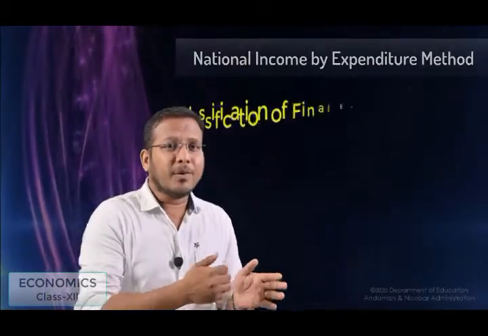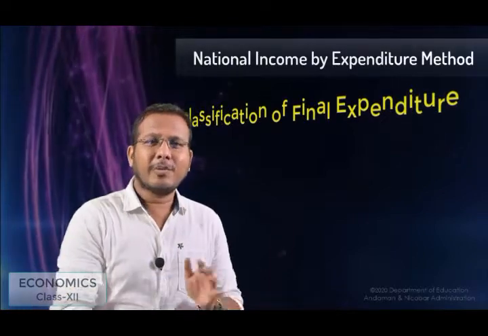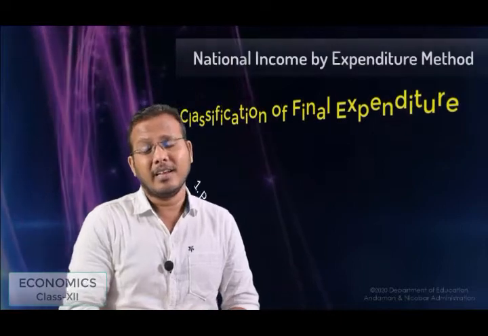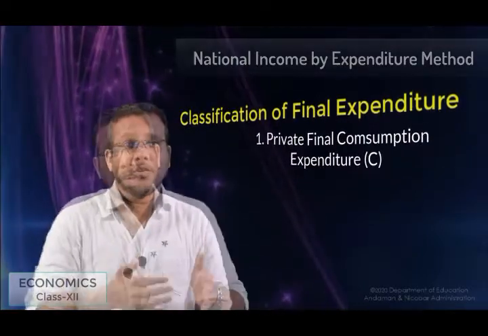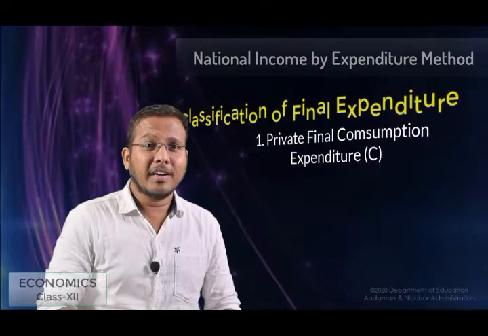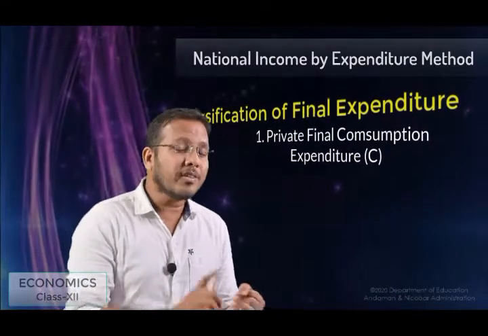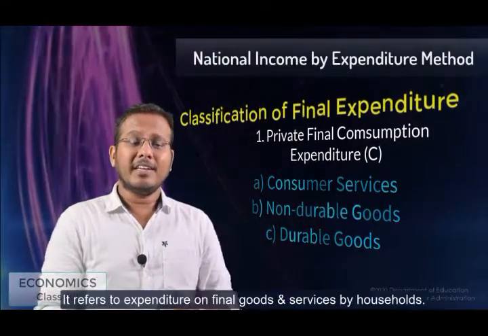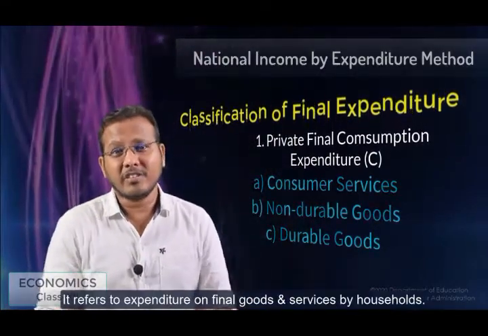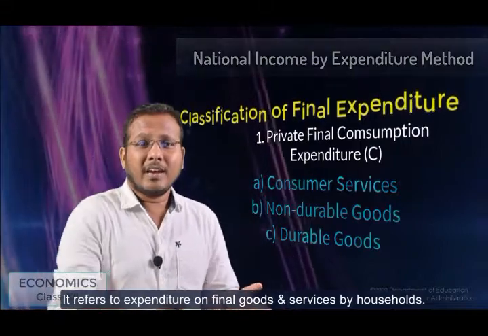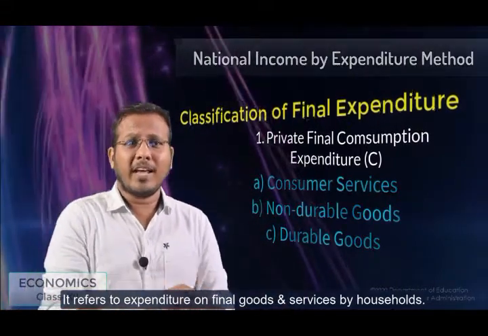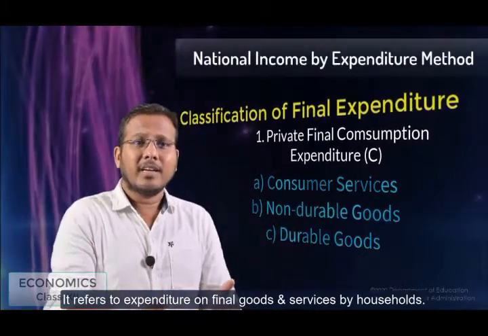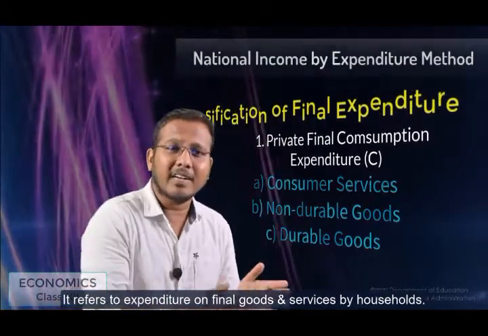Now we will study the classification of these expenditures one by one. In the beginning, we have the value of C, private final consumption expenditure. The private final consumption expenditure comprises consumer services and expenditure on non-durable goods like butter, milk, vegetables, all the goods which are utilized for a short period of time. Expenses on these kinds of goods will be counted in the private final consumption expenditure.